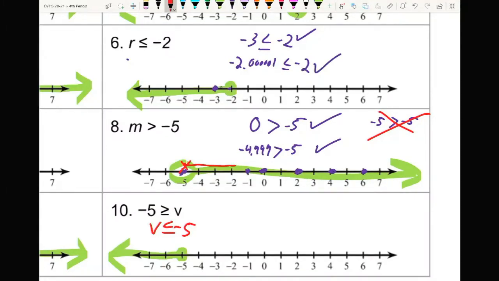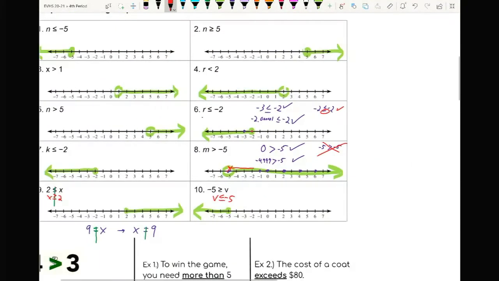But if I choose the negative 2 itself, negative 2 less than or equal to negative 2, is that one true? Yes, it is because of the equal to. So that one I'm allowed to actually touch the point. So realize the open dot, closed dot is the exact same thing as your less than or greater than, just in graphical format. Later on in the unit, we'll get another symbol that's also very, very similar to that.